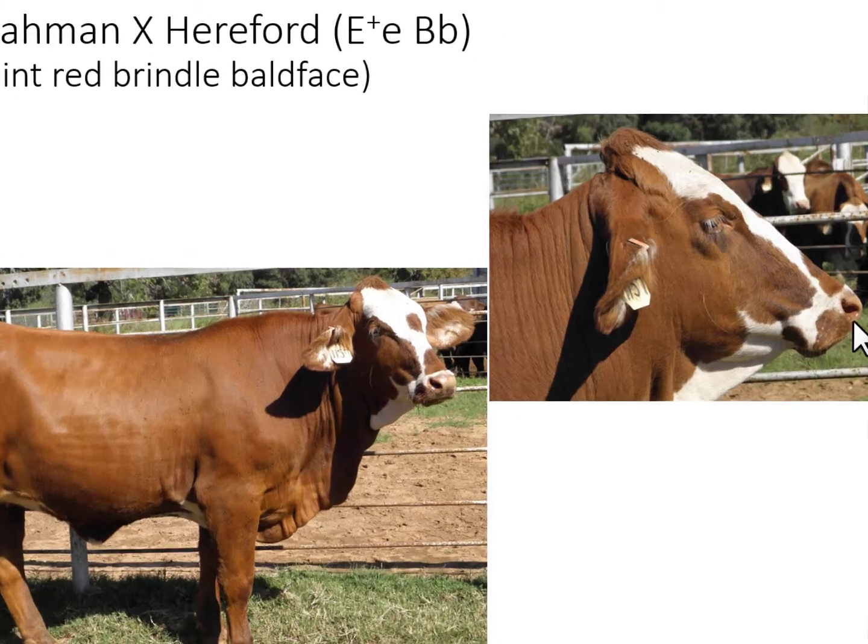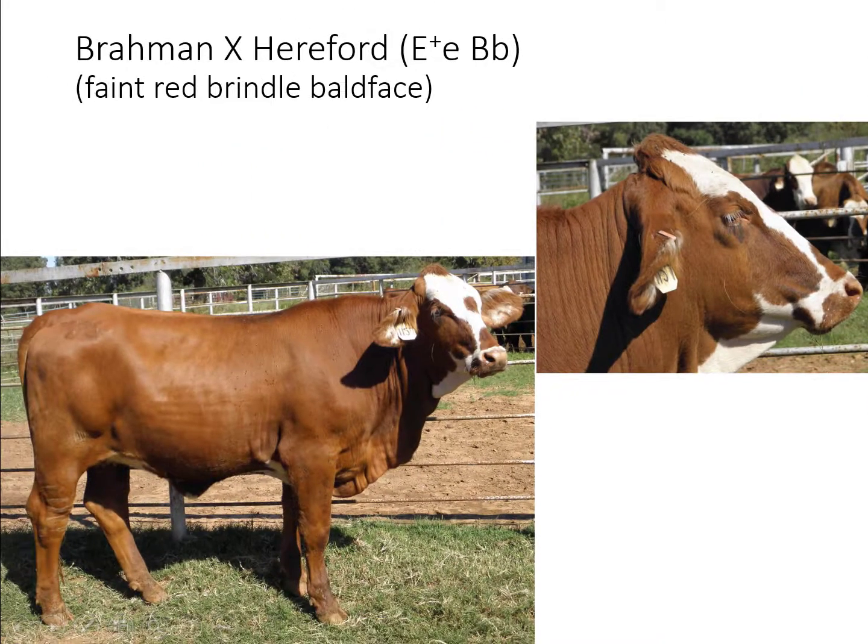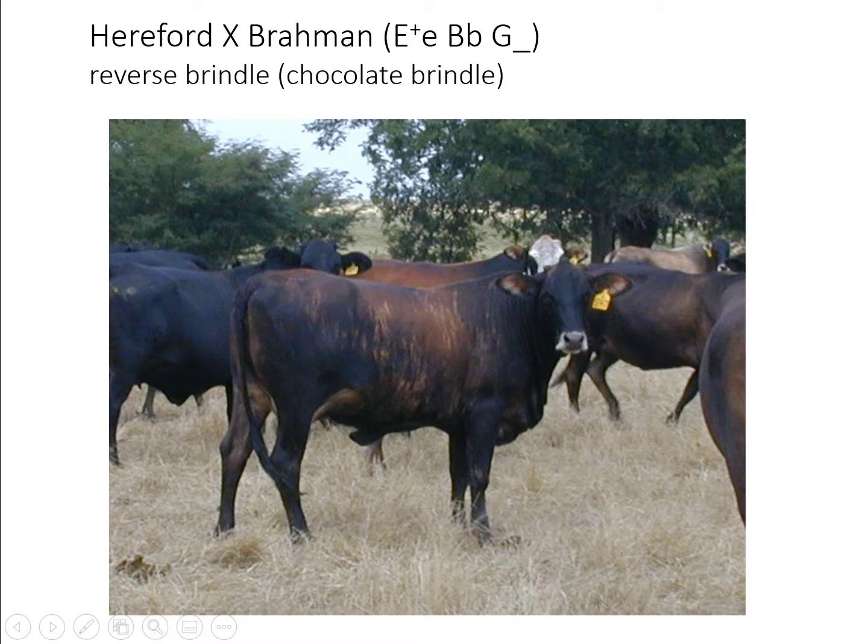If you look closely around the eye, you can see the brindle pattern right here. So here we have a reverse brindle, and this is a chocolate brindle. Again, there's a lot of variation within these, but we will not ask you to be this specific on the homework or the test.